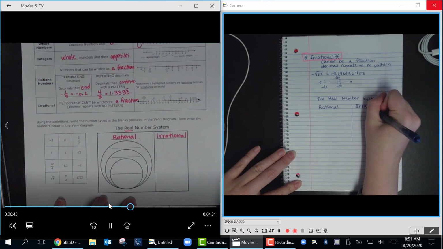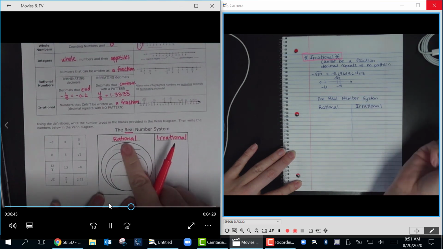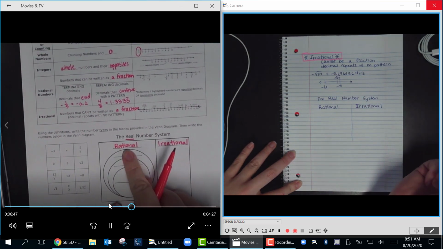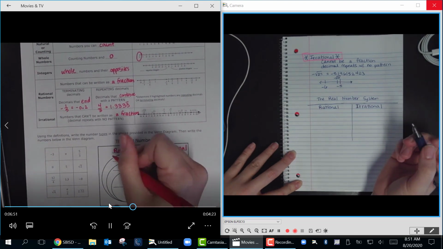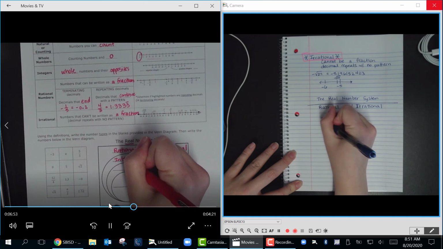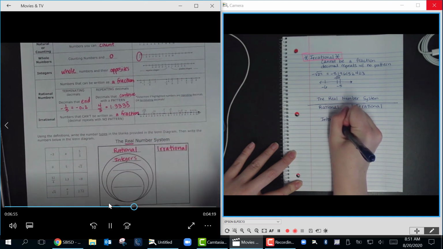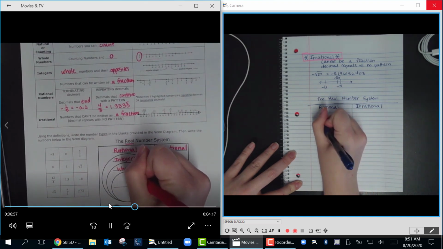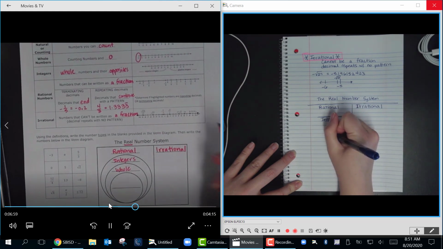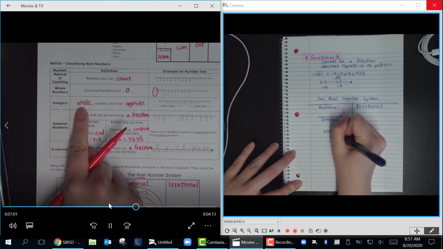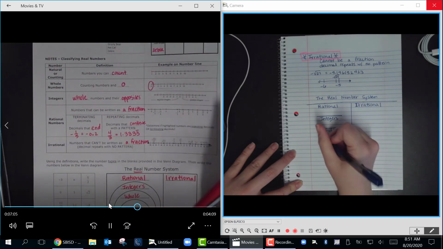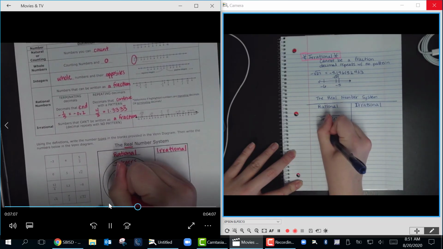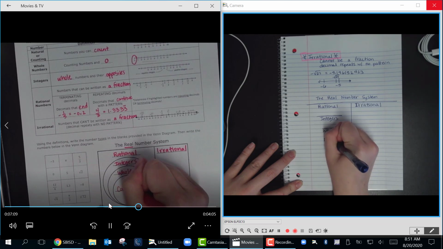Rational numbers are anything that can be written as a fraction. But integers can also be written as a fraction. Whole numbers are part of what's included in integers, right? Integers are whole numbers and their opposites, so whole numbers goes in here. And then natural or counting.